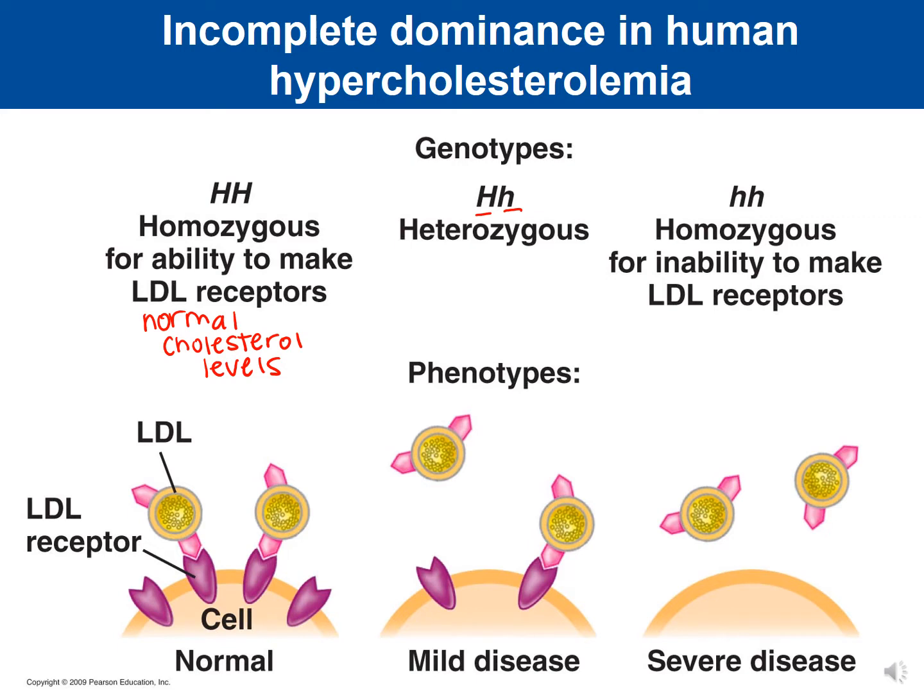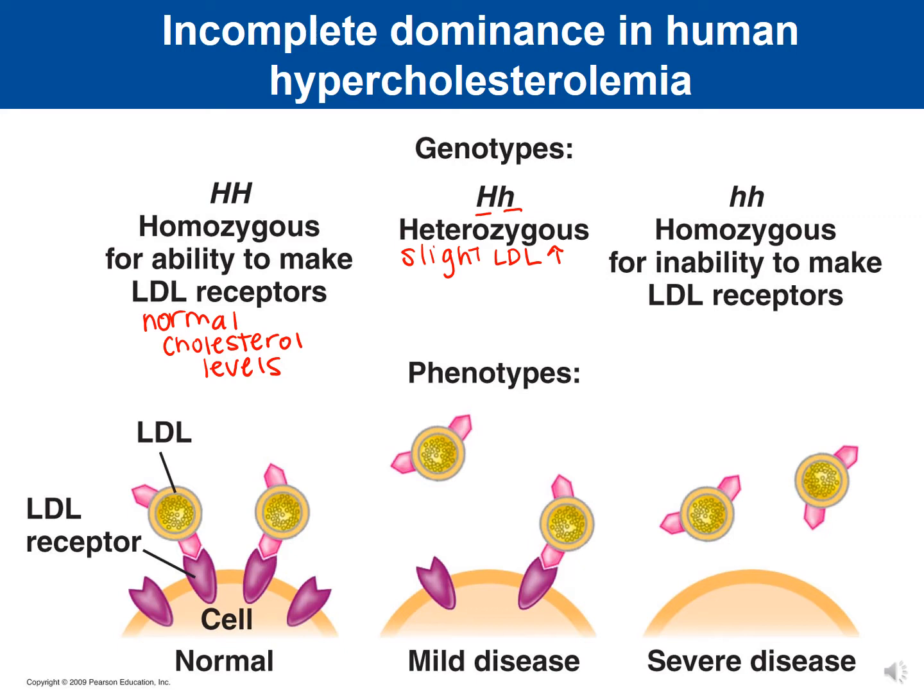So notice if I look at this diagram, this person would have mild disease. So they would have a slight LDL increase. And that's because they make half as much LDL receptors. So they are able to get some LDL out of the bloodstream because they do have some receptors, but not as much as somebody who is homozygous for the ability to make LDL receptors.